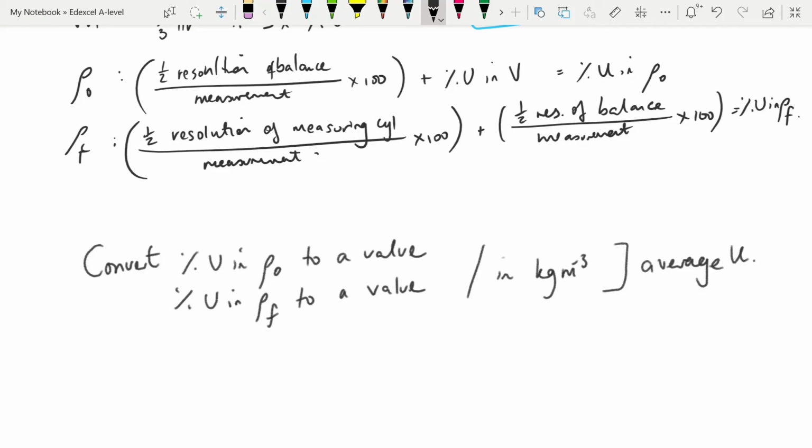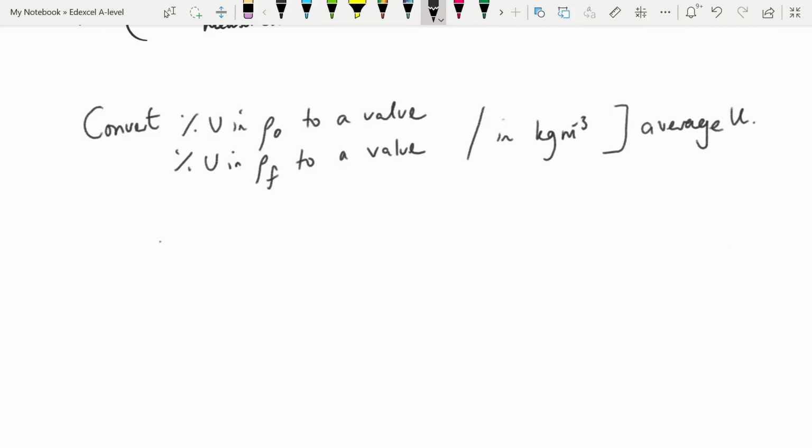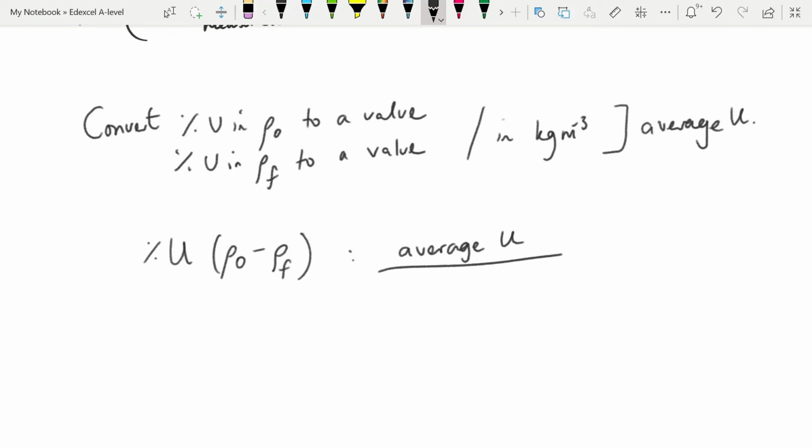For me, taking the average is the most sensible one. Find the average of those two. And remember, we're talking about absolute uncertainties here. To find the percentage uncertainty in this quantity mu O minus mu F, we need to take this average U that we had up here, put it over whatever value of mu O minus mu F, whatever that is, times 100, and then we will have a percentage uncertainty for this quantity here.